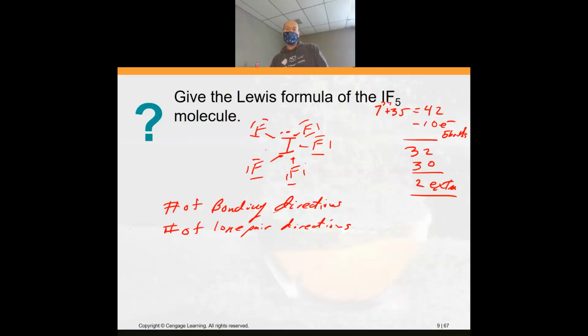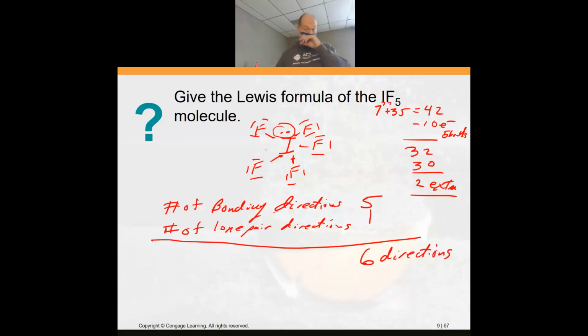But here we have 5 bonding directions. We have 5 bonds all going in a different direction. And we have a lone pair direction. And so then you're going to add those up to get the total number of directions. We have 6 directions. All right, and this is very important to get our geometric arrangement.